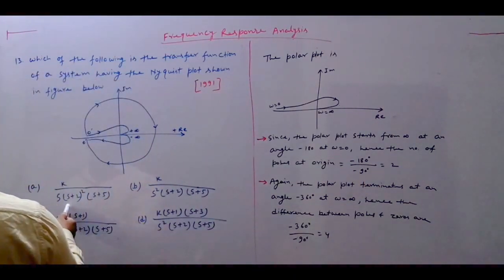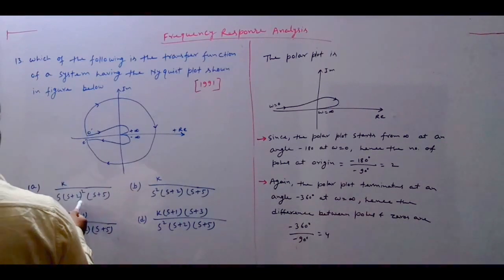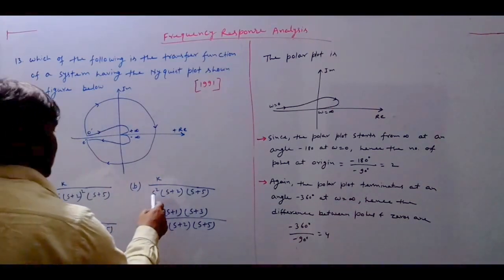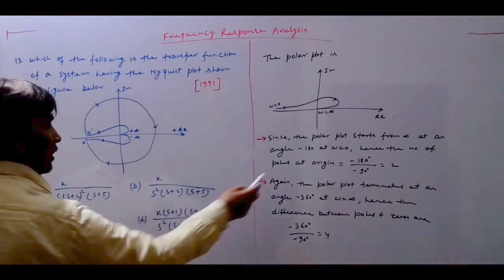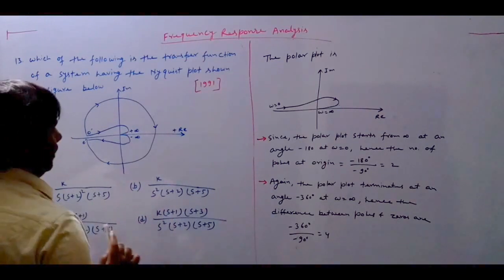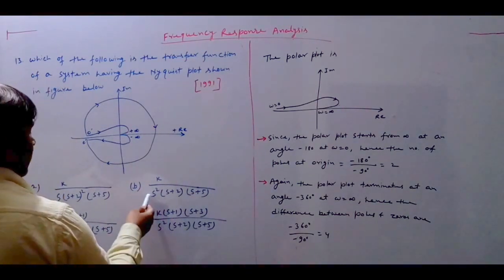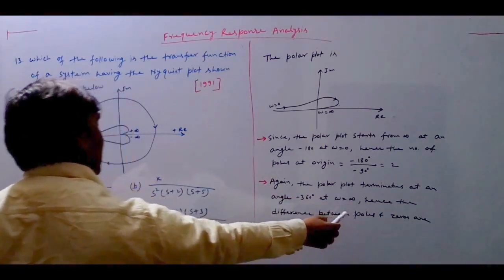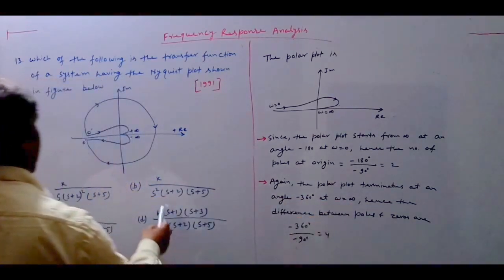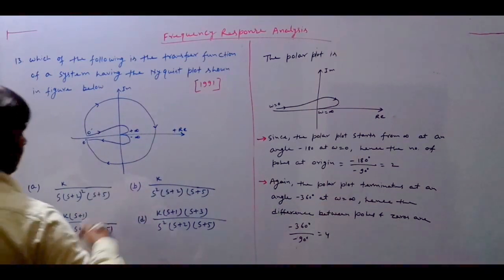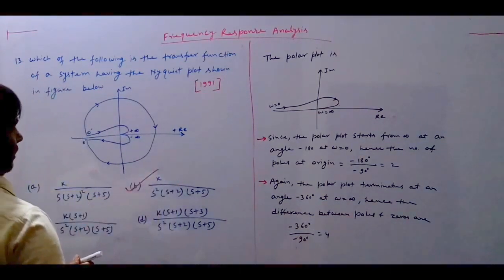Here poles at origin are 2, so only B, C and D can be correct. But the difference of poles and zeros must be 4. So here not 4, here not 4, only B option is correct. So option number B is correct.